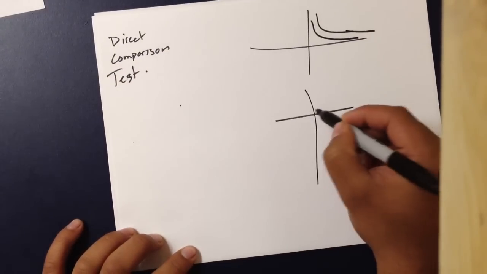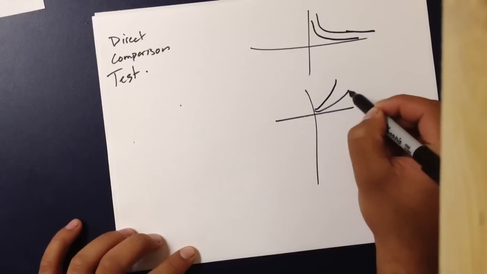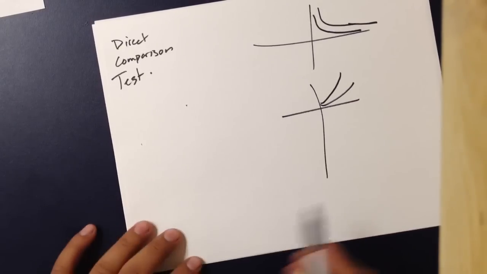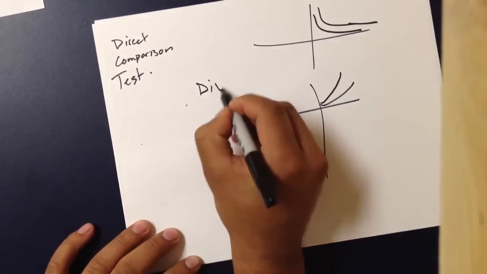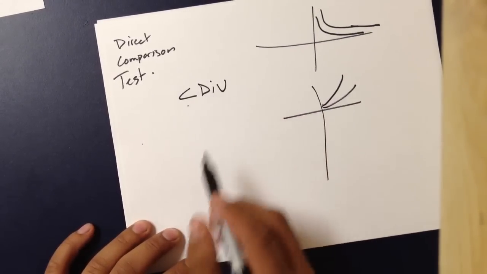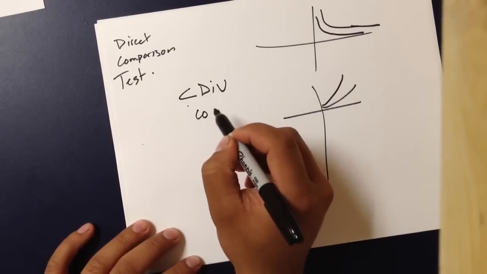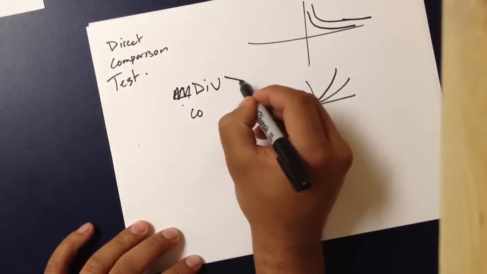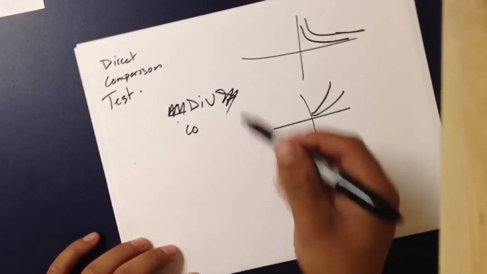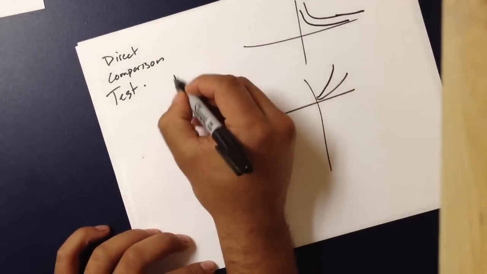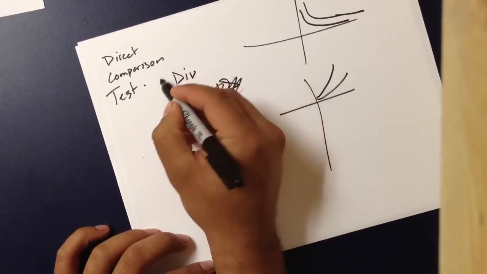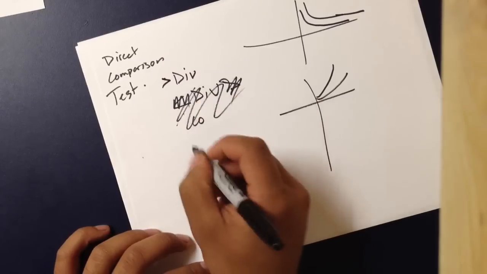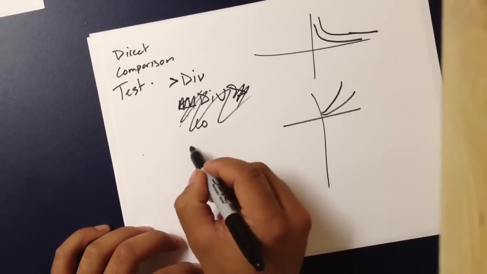If you are above a function that diverges, then it must diverge as well. So you must be below a function that converges, or above a function that diverges.